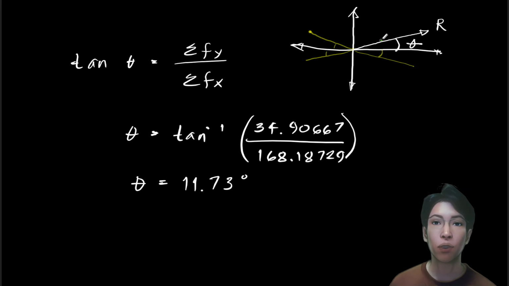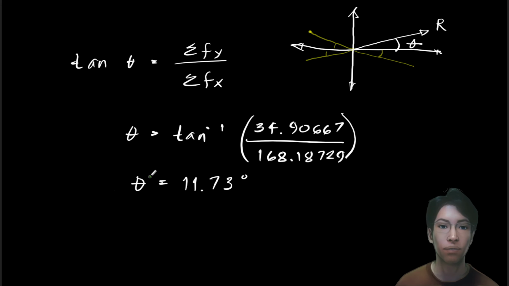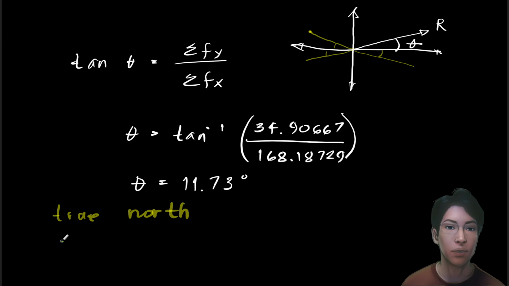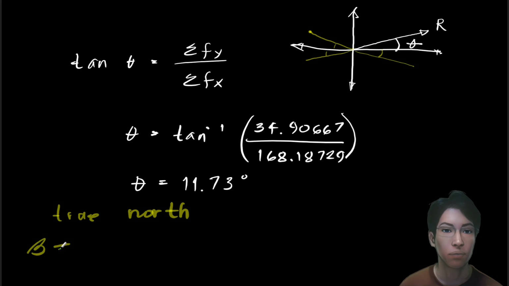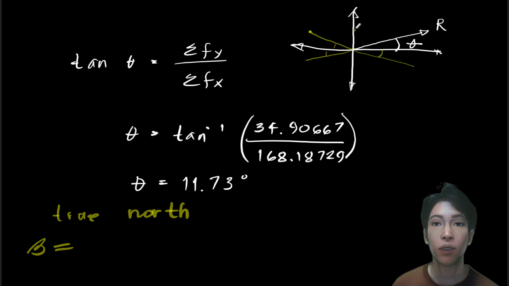Now, if we are to represent this as true north, so let me write that one. True north. Then we need to subtract this angle theta from 90.